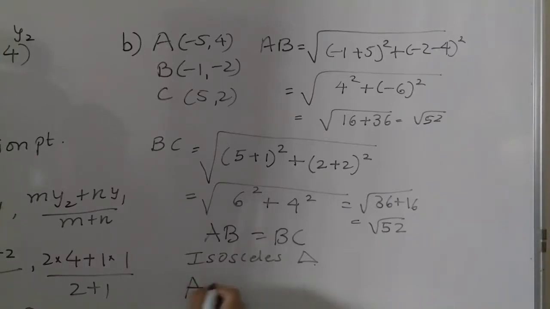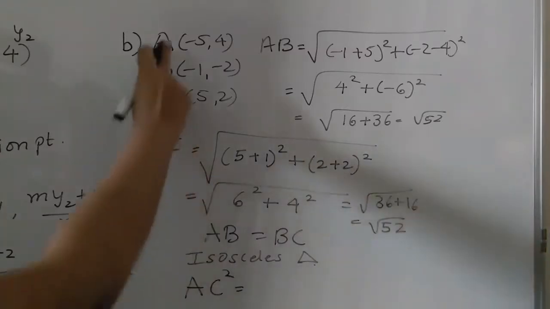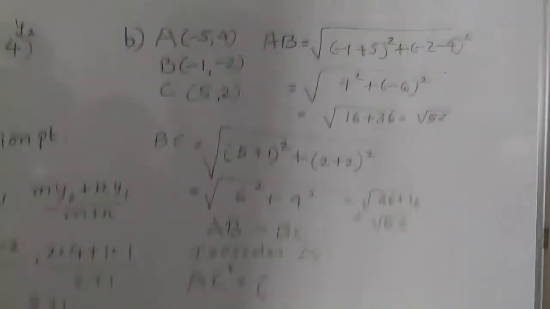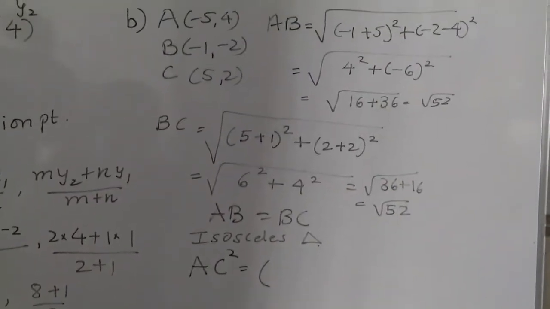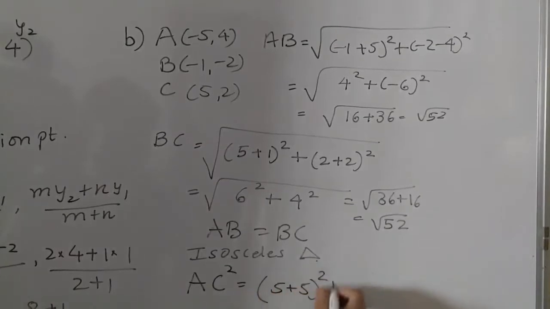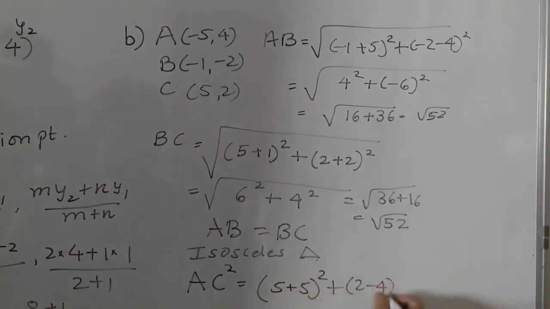For that I will find the AC square value. I will not put the square root sign because we are finding AC square. AC's coordinates, as you can see in the question, are minus 5, 5. So (5 minus minus 5) whole square plus (2 minus 4) whole square.